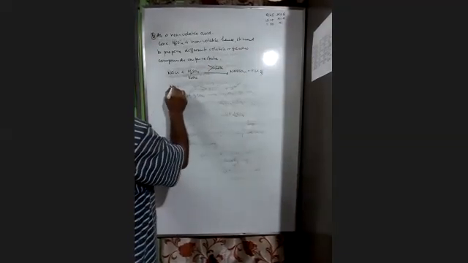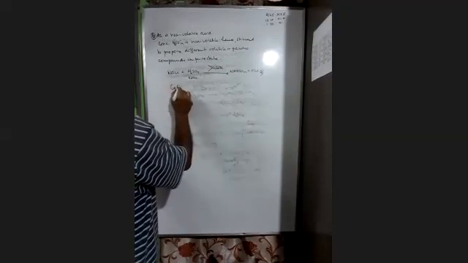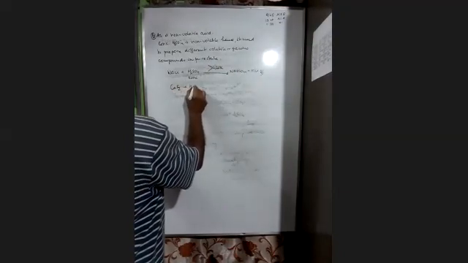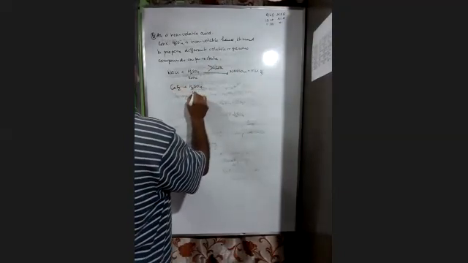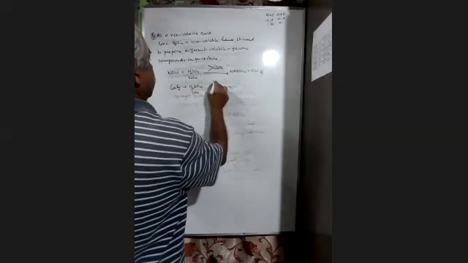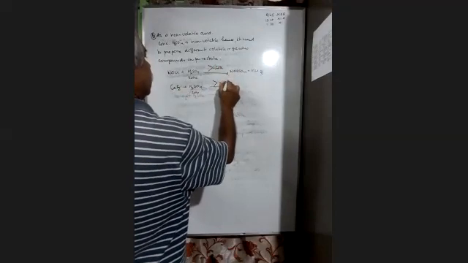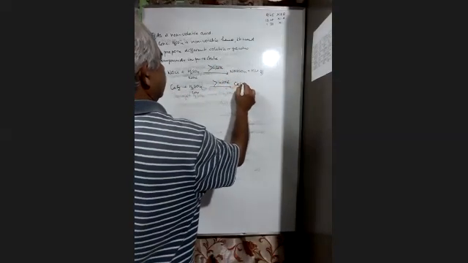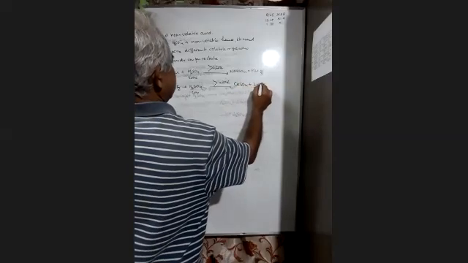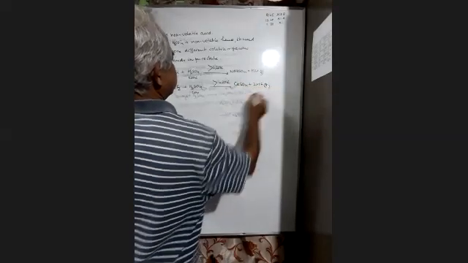Similarly, if I take calcium fluoride and heat it with concentrated sulfuric acid, I'll get calcium sulfate and hydrofluoric acid. Hydrofluoric acid is prepared in this way. This is the laboratory as well as industrial preparation of HCl, hydrogen chloride gas.